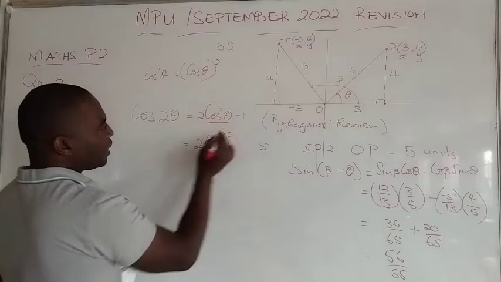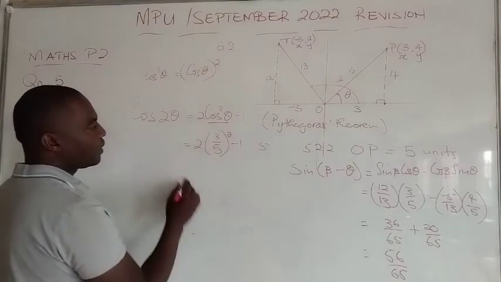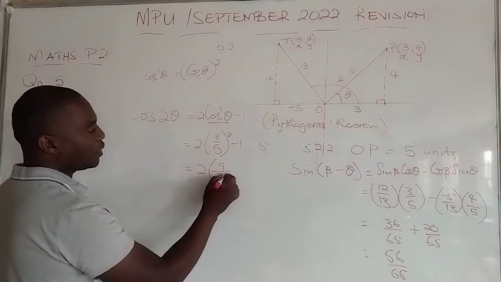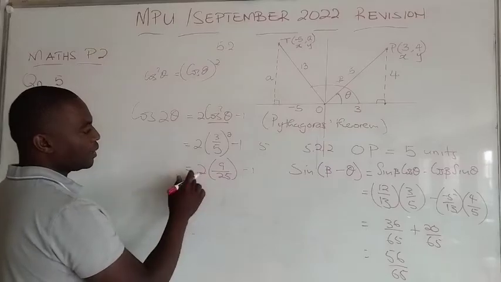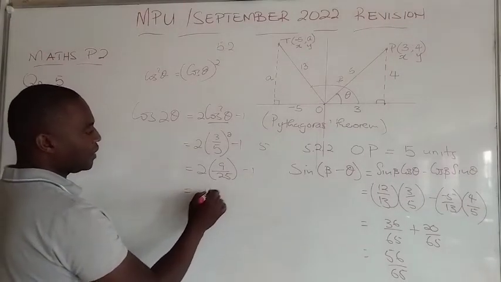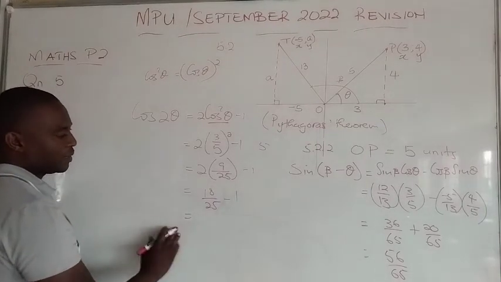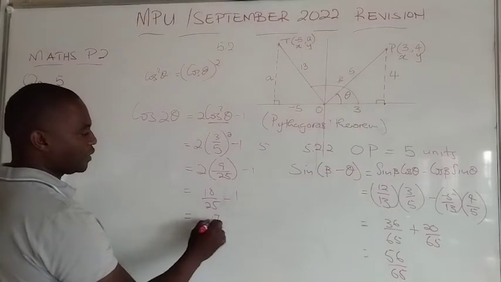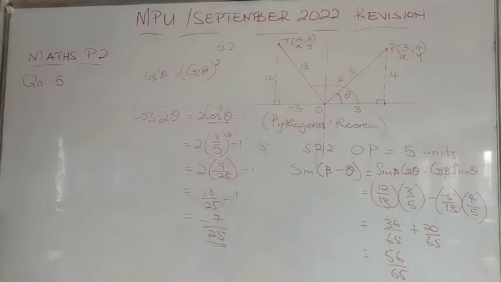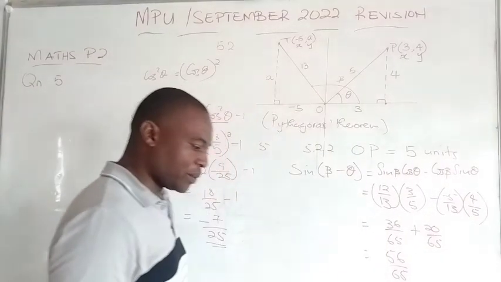So we are squaring what cos theta is, which is 3 over 5, minus 1. So that will be 2 by 9 over 25 minus 1, and then multiplying by 2, that is 18 over 25 minus 1, which will give us negative 7 over 25. So that's basically how you were supposed to collect marks as far as 5.2 is concerned.